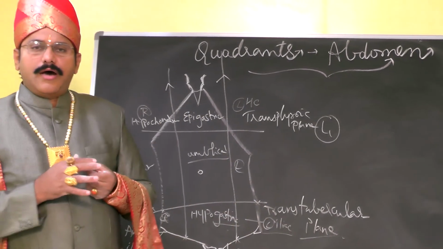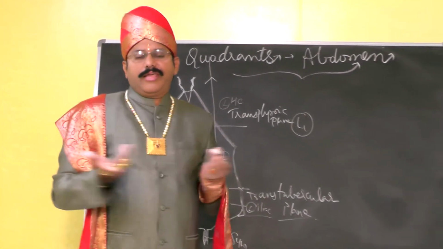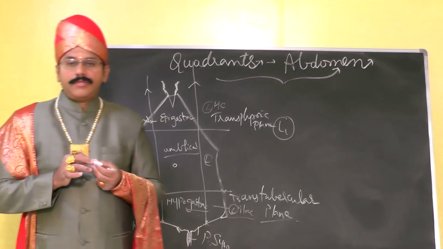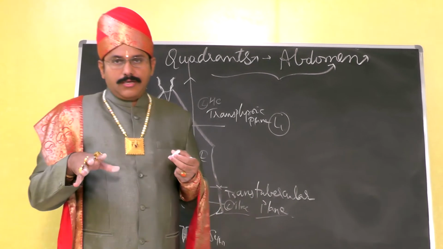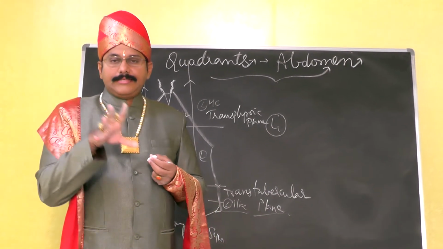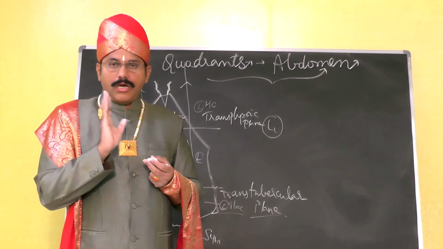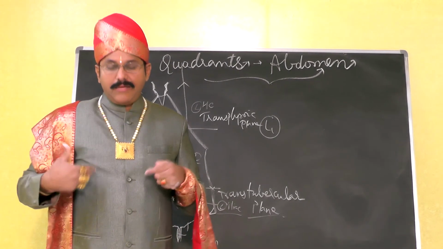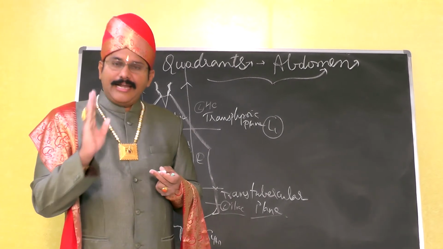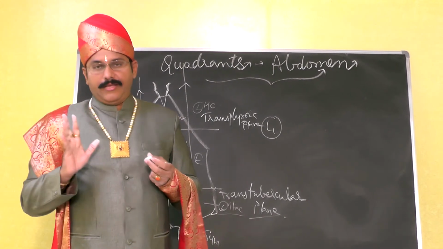Now why are we dividing the abdomen into so many quadrants? What is the purpose? Whenever we talk about abdominal organs, they have a permanent and perfect place in the human body.